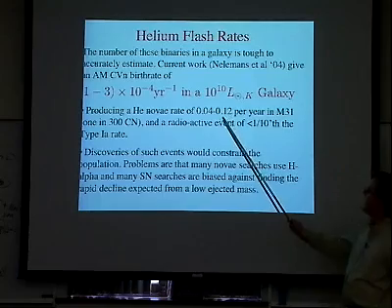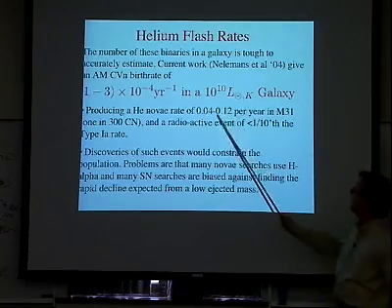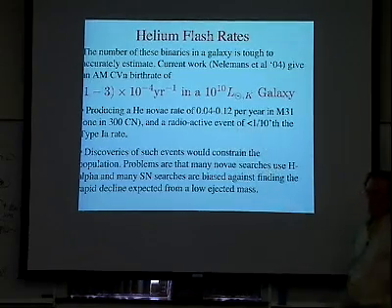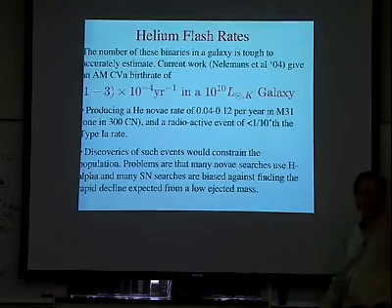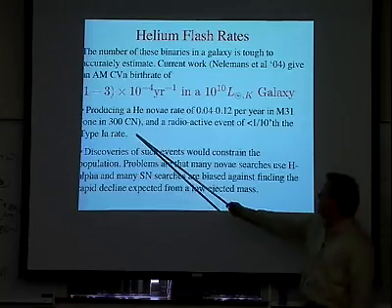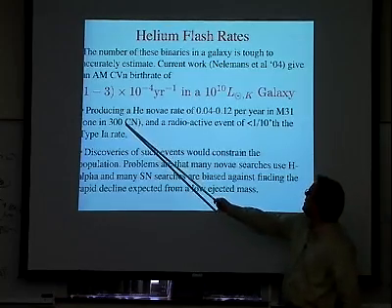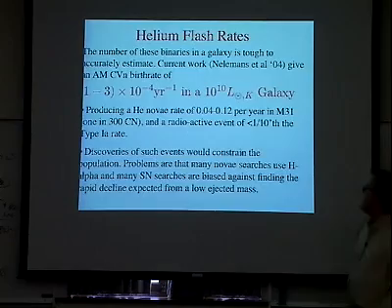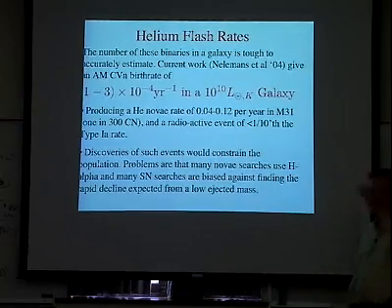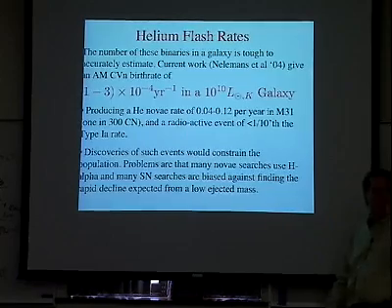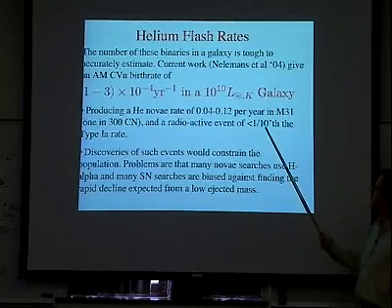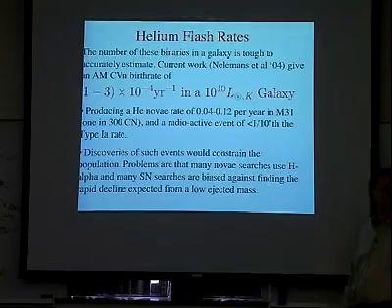That gives us a rate in M31 of roughly one of these events every 10 years. That's about 1 in 300 observed classical novae. And then what I'm calling a radioactive event, the last big flash, if every system gives one last big flash, is probably about 1/50th of the type 1a rate.